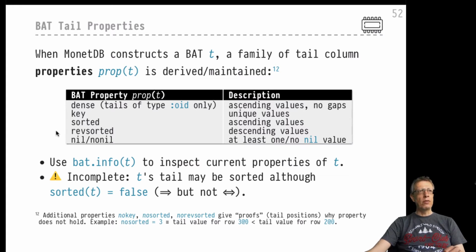All right, and then there's properties like nil and nonil, which indicate that there is maybe one, maybe two, maybe more nil values in a column, or there are no nil values at all in a particular column. All of this can be very helpful information that can help me, in these tight loops that MonetDB implements, to have even less checks, because I know beforehand, looking at the properties of the BAT, that there won't be any nil values present.